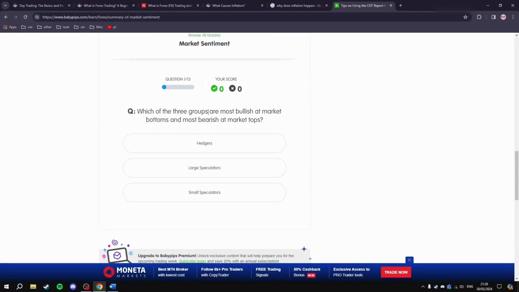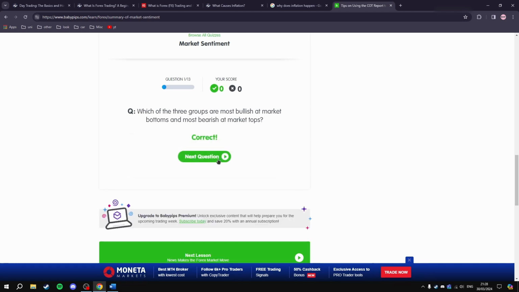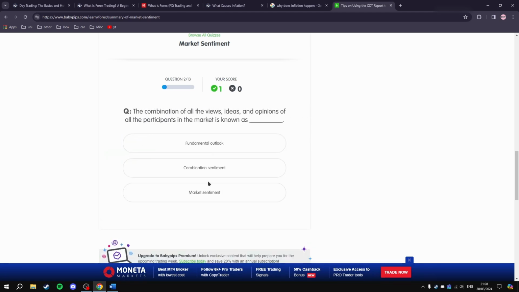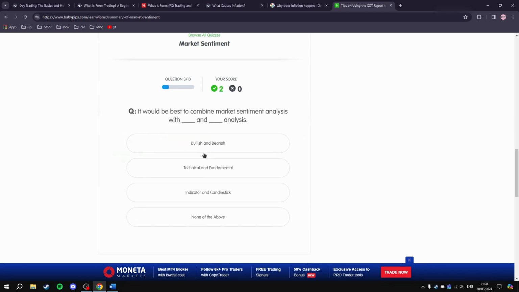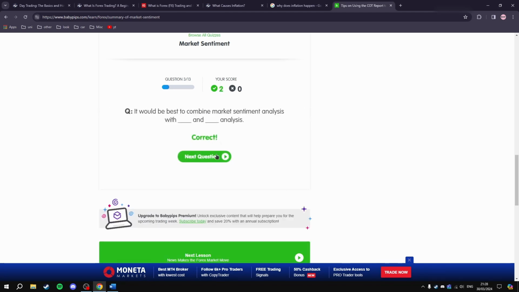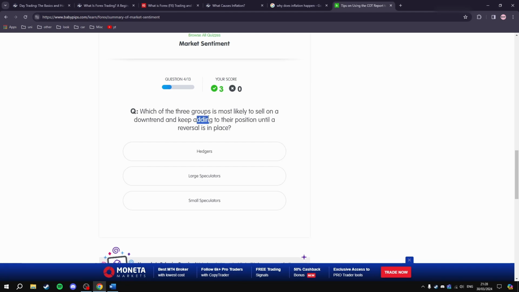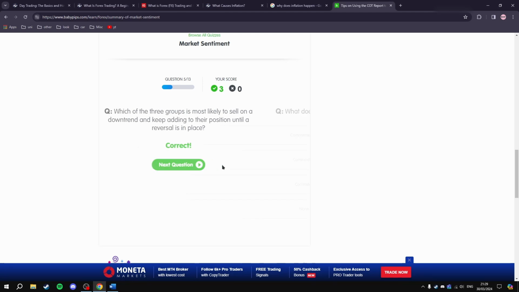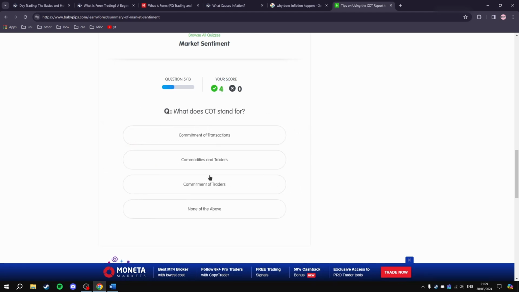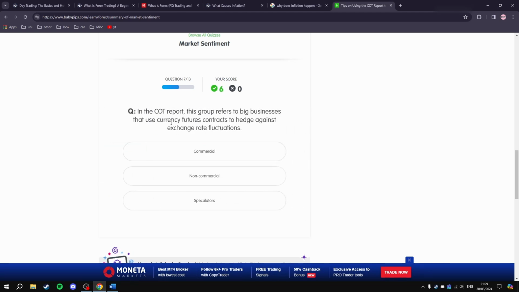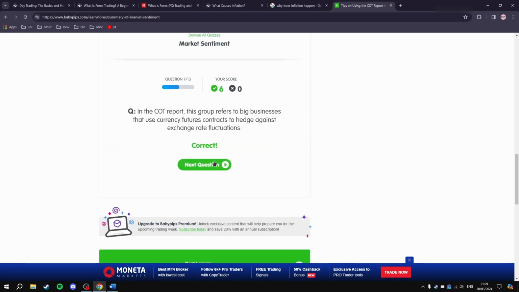Which are most bearish at market tops? Hedgers. The combination of views, market sentiment, technical, fundamental. This is large speculators. Commitment of Traders. CFTC. Commercial.